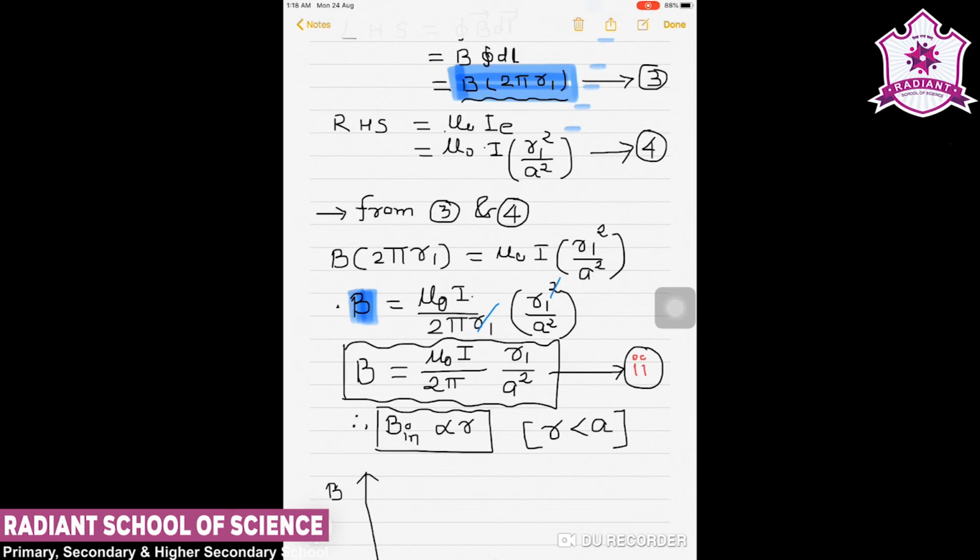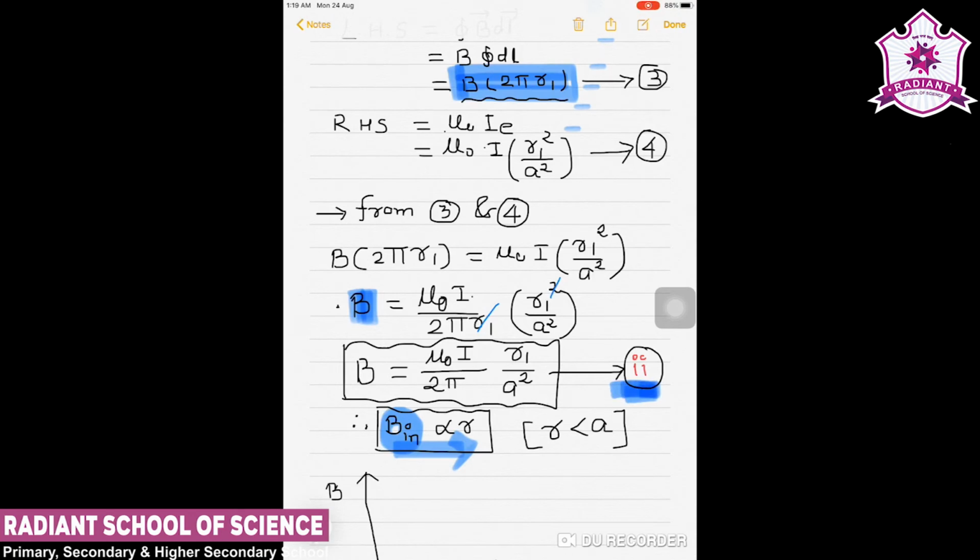Simplifying, we get B is equal to mu 0 I upon 2 pi into r1 upon a square. Here mu 0, I, 2 pi and a square are all constant, so we can say that the magnetic field inside is directly proportional to r, as shown in equation number 2.